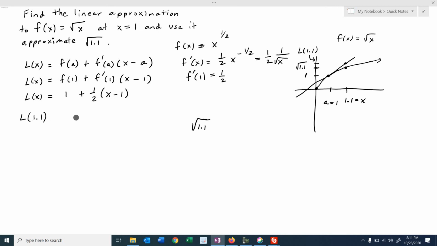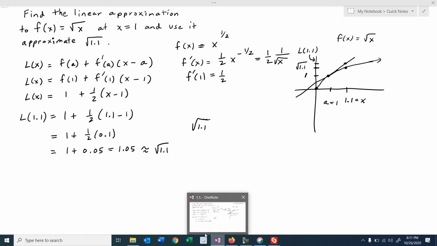So L of 1.1. We get 1 plus 1/2 of 0.1, which is 0.05. So it's 1.05, and that's approximately the same as the square root of 1.1.